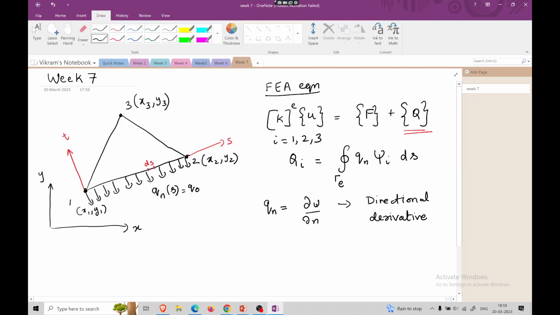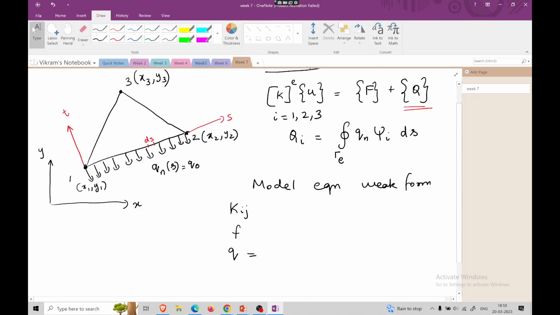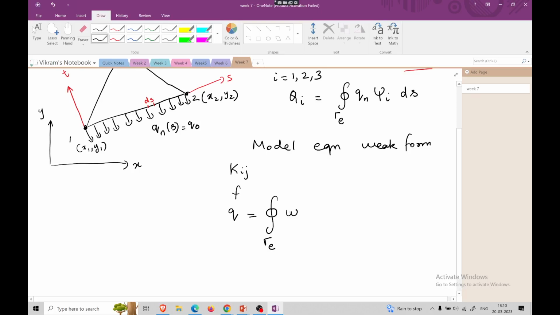Or if you recall from the model equation, the weak form, you would have terms for Kij, terms for F, and terms for Q. Q, if you recall, will be in this fashion: the integral along the element of W, my weight function, into F1 nx plus F2 ny ds.